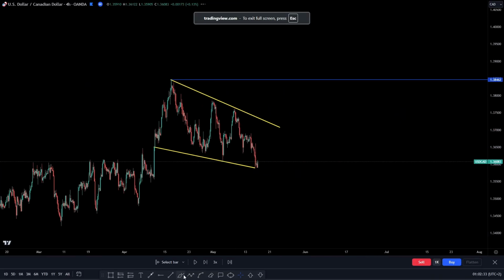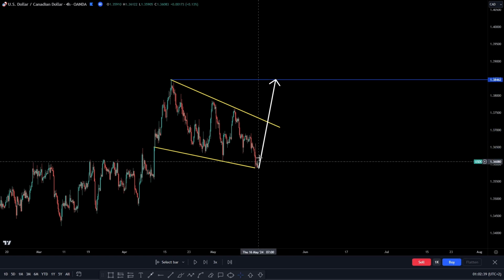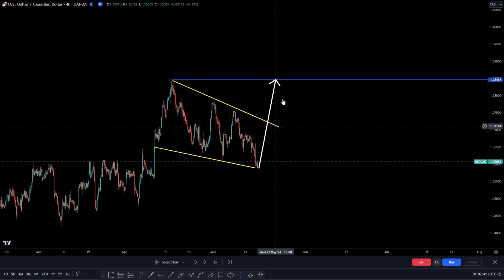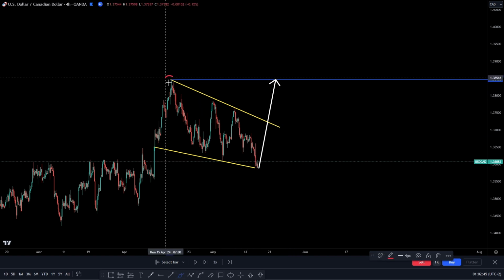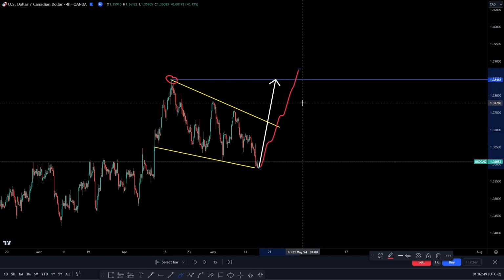With descending channels, we normally expect the market to move up from the third touch up to here. You can see, so buy up until that level.